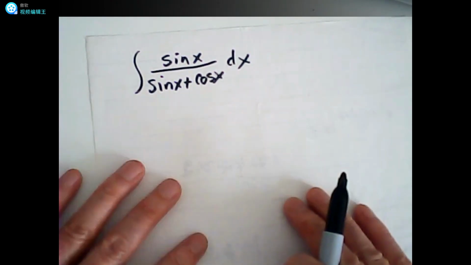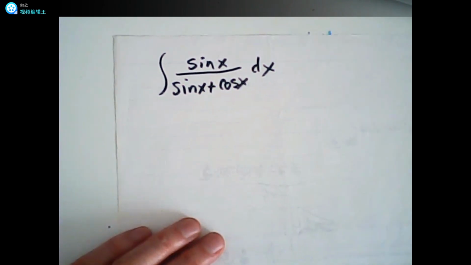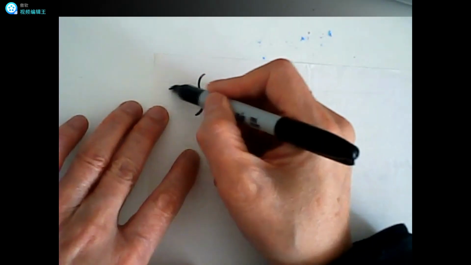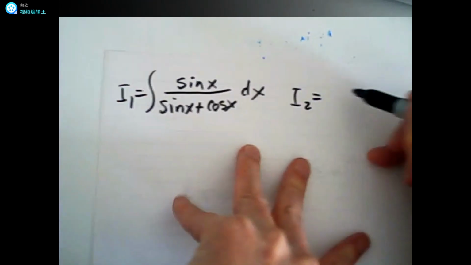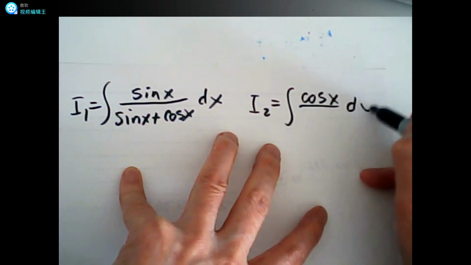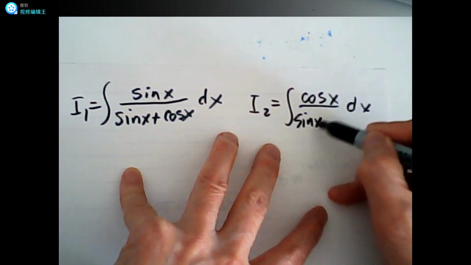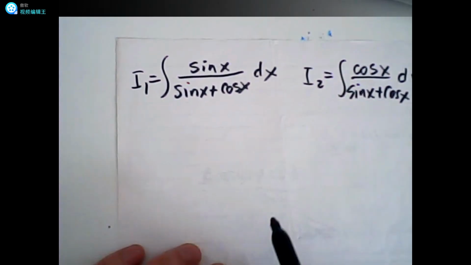But this is very special treatment. I call this I1. I call this I2, the integral of cosine x dx over sine x plus cosine x. This is I1. This is I2.